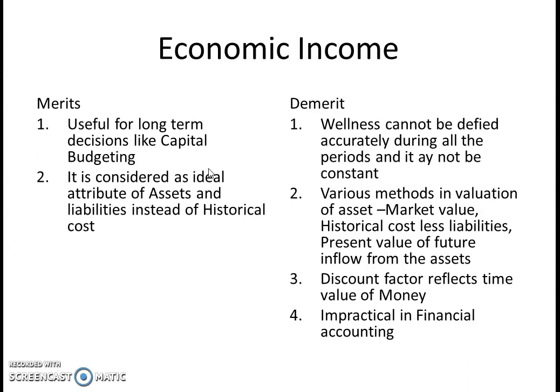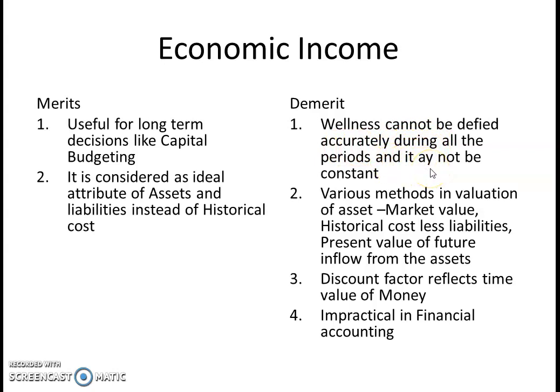Economic income merits are, it is useful for long-term decisions like capital budgeting. If you remember, you all have done the NPV, that's the economic income. It is considered an ideal attribute of assets and liabilities instead of historical cost. When you're talking about demerits, wellness cannot be defined accurately during all periods and it may not be constant.